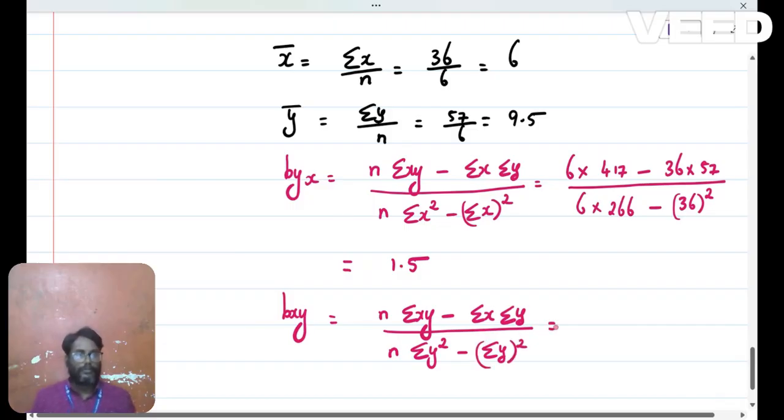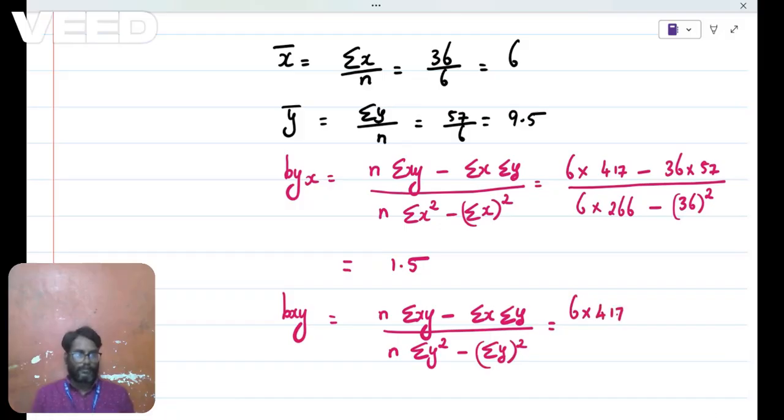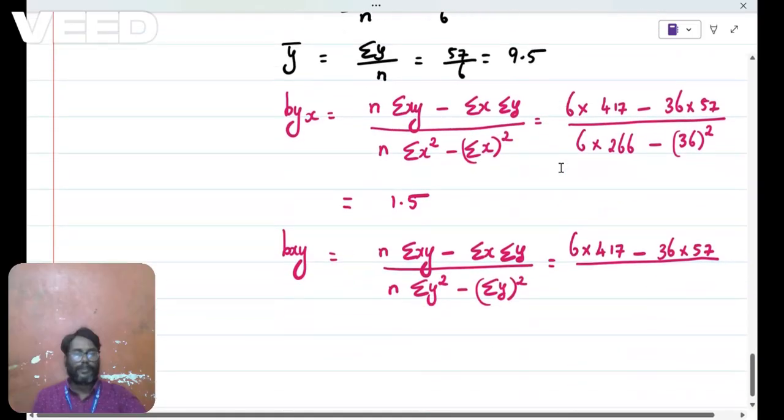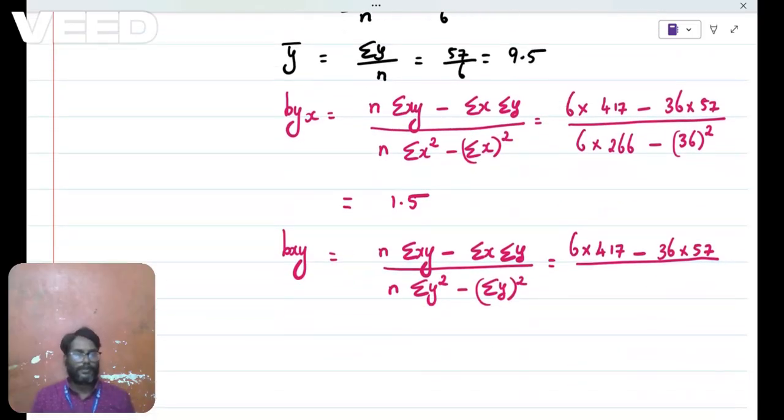The numerator will be 6 into 417 minus 36 into 57, divided by 6 into 655 minus 57 the whole square.